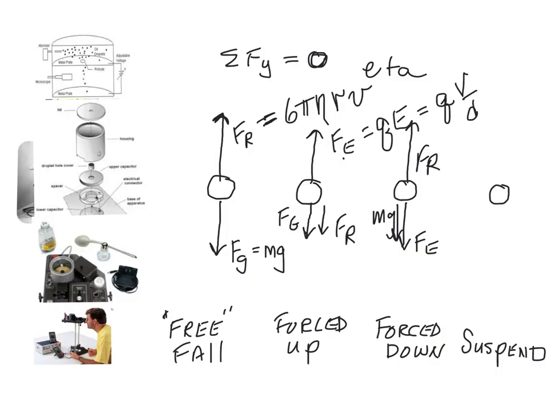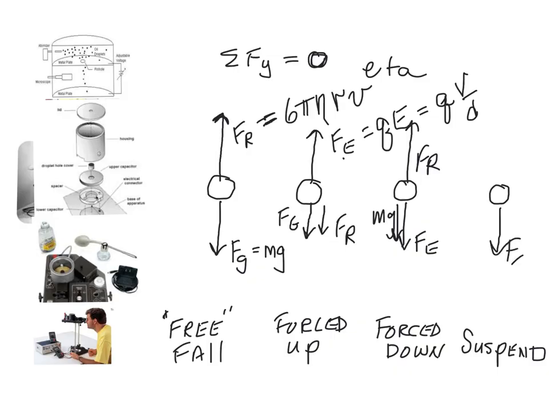And the final situation is the suspending situation. This is the only case where there's no air resistance because it's not moving. So we adjust the voltage so it doesn't go up or down, it just suspends it. And so in that case, we have two equal and opposite forces.